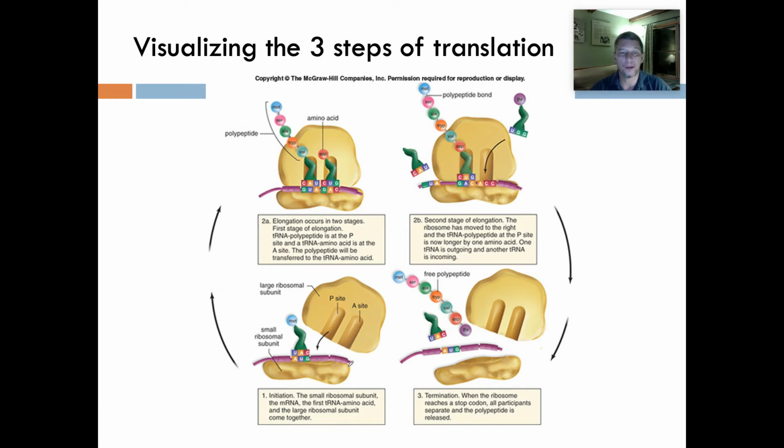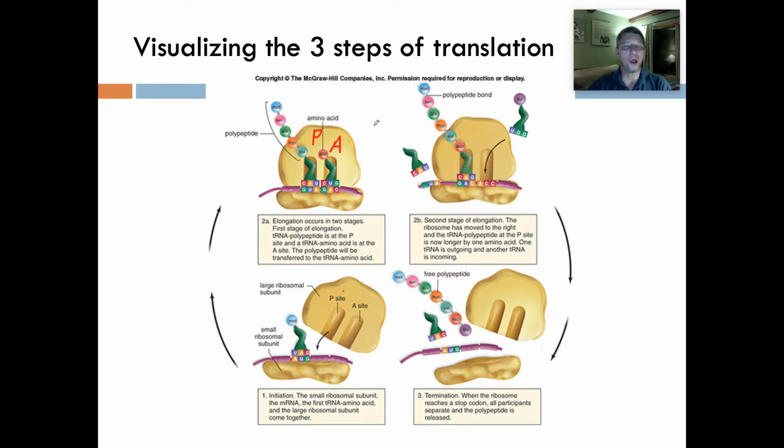Now, in the second phase, elongation occurs. And in the first stage, the tRNA polypeptide is at the P site. Now, the P site you can see here, right, is the one on the left in this diagram. So this is the P site, and this is the A site, all right, from this diagram over here.